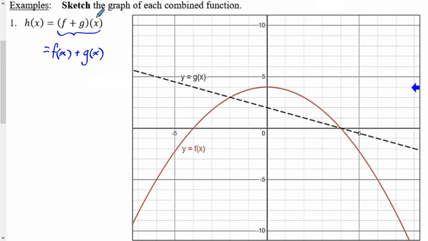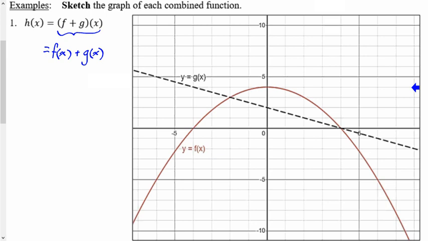And if you look at it and say, oh, I'm just going to take this x and distribute it in, that's not what's happening. It's not being distributed in, it's just a notation. So when you see this notation at the top here, f plus g of x, it means we're going to take the f of x function and we will add the g of x function to it.